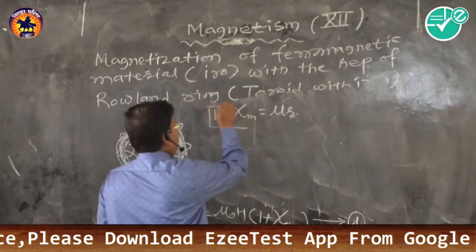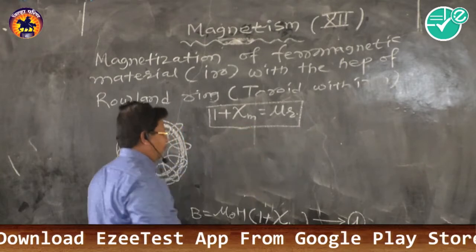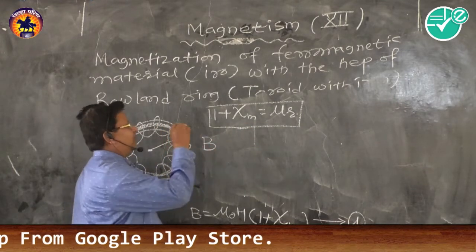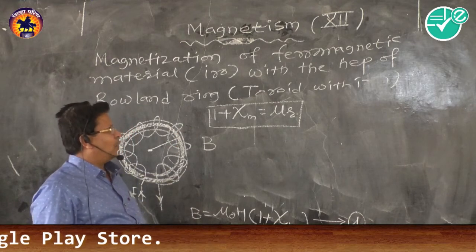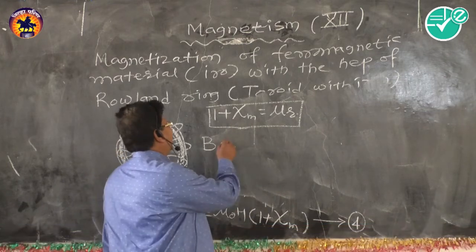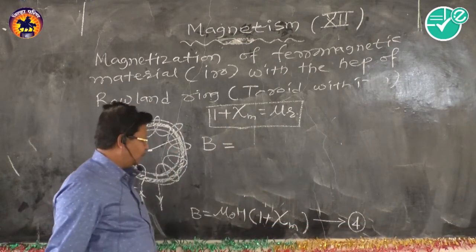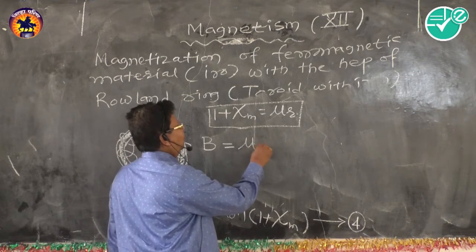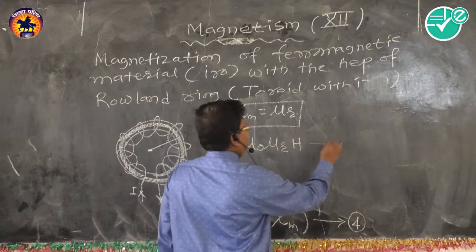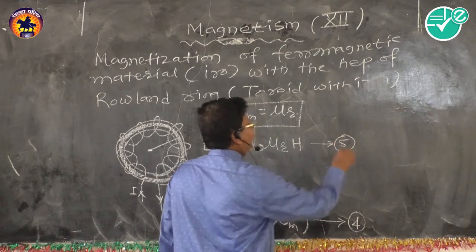If this value is substituted in equation number 4, then the magnetic induction along the axis of a toroid with core, that means Rowland ring, B is equal to mu 0 into mu r into H. Say this is equation number 5.